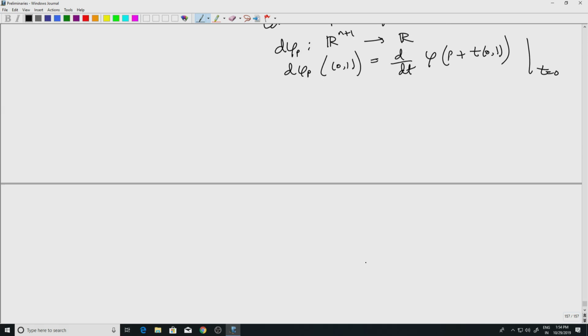Now let me take this point P in S, which has two coordinates, let's call it (alpha, f of alpha). Then P plus t times (0, 1) will be (alpha, f of alpha plus t).